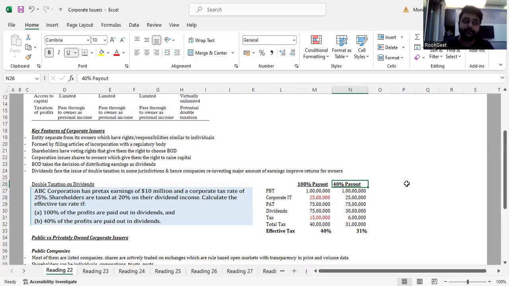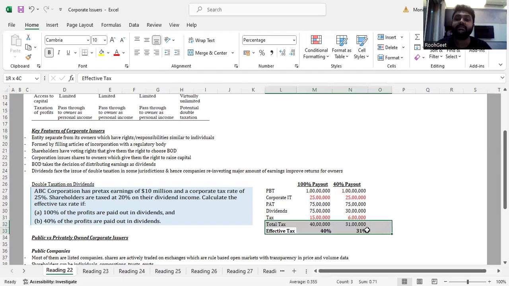Let's say if you realize that it is a double taxation scenario, let's not distribute all of our earnings in terms of dividends, so that tax is saved. So what will happen then? Let's say out of 75 lakh profit you just distribute 30 lakh, on which only 6 lakh of tax will be levied. So total tax will be 6 lakh plus 25 lakh at corporate level, total 31 lakhs, and in that case the effective tax is 31%.